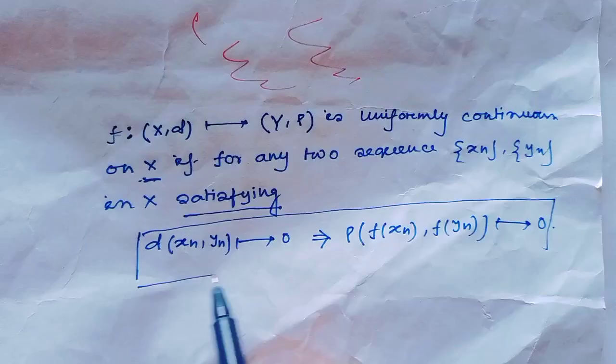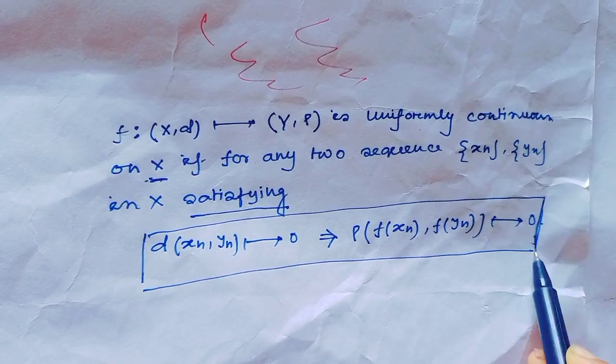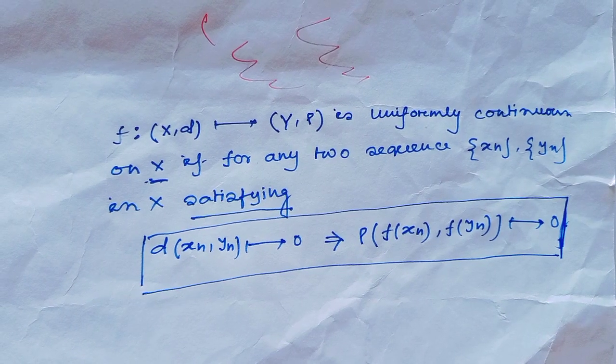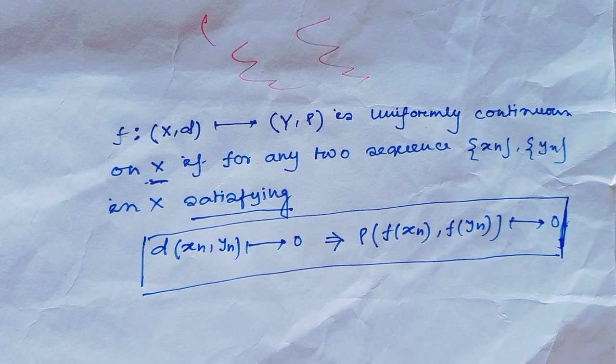This is uniform continuity sequentially. This is another definition of uniform continuity by sequences.